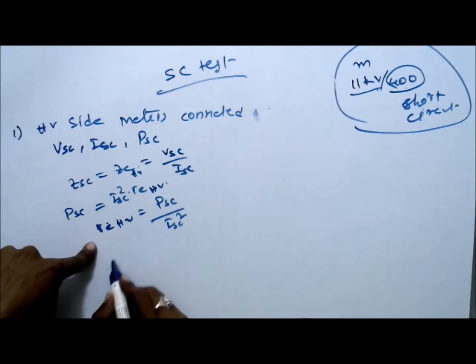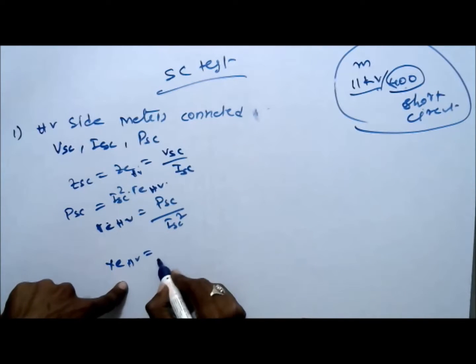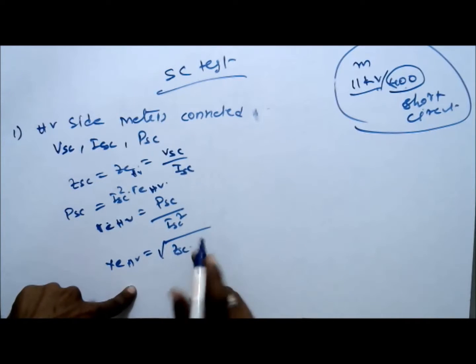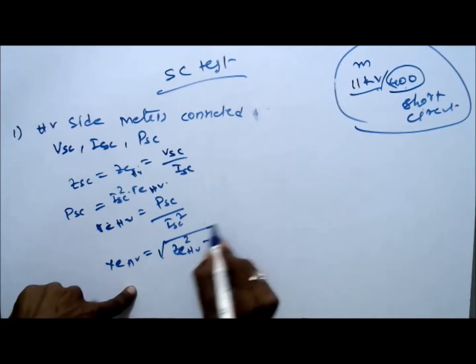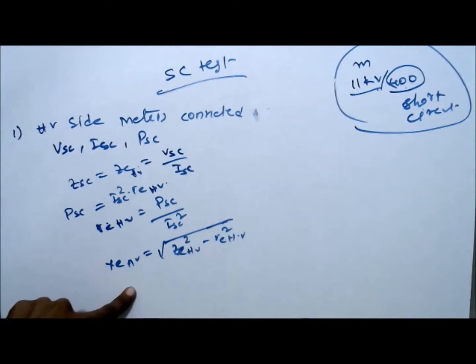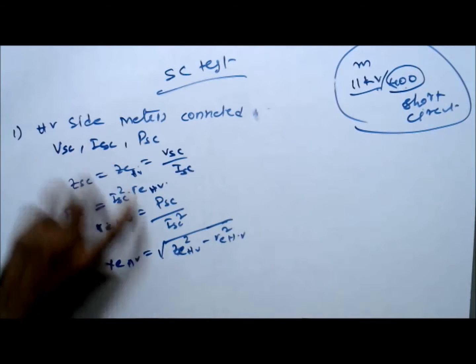Now we can write XE HV is equal to the root of ZE HV square minus RE HV square. So we have determined the series branch parameters.